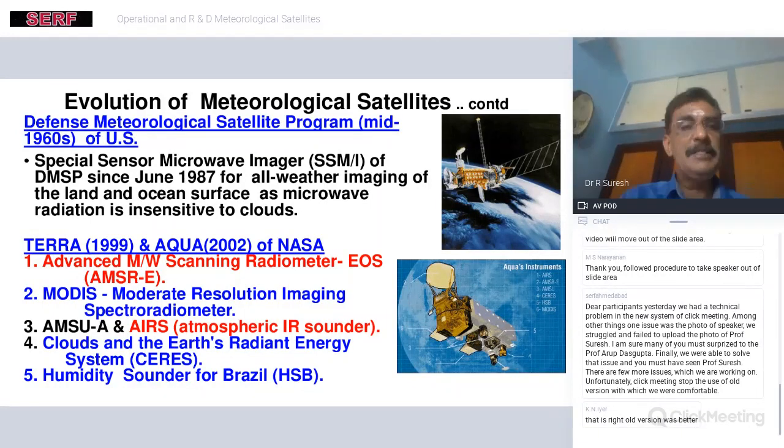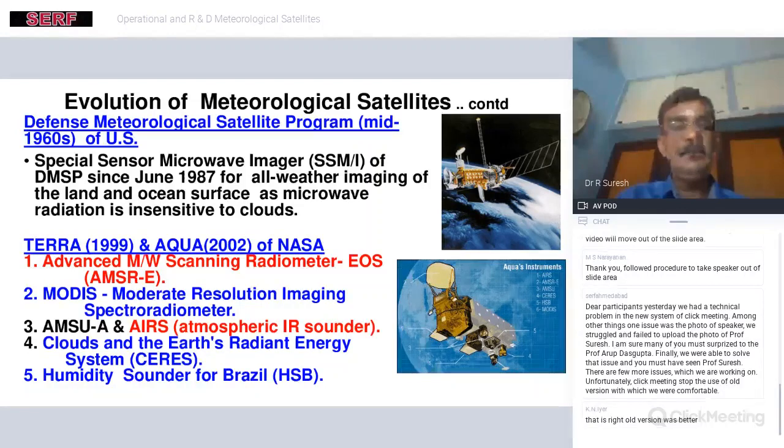The DMSP satellites of the US carry a very vital sensor, and almost all researchers use its data, the SSM/I, Special Sensor Microwave Imager, from sometime in 1987. It has all-weather imaging capability over land and oceanic areas, as microwave radiation is insensitive to cloud.